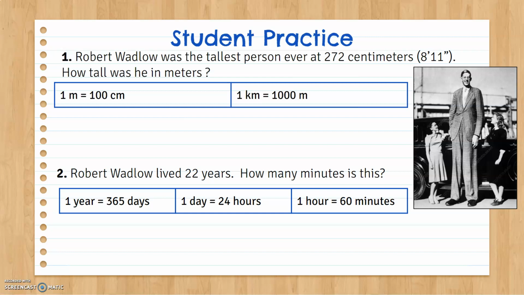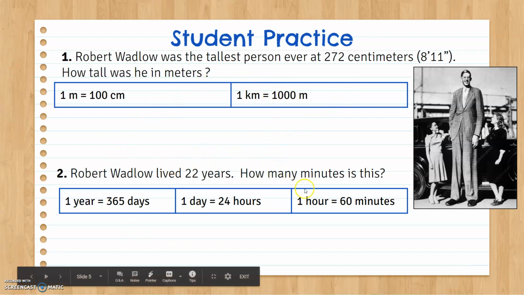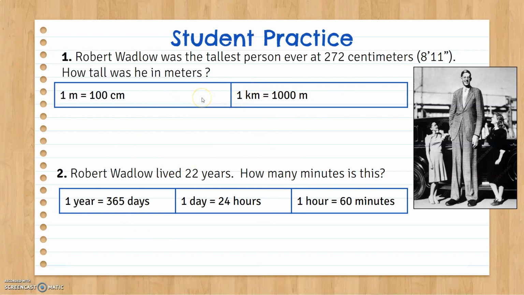One is a single step, one is multi-step. And so you've got the tallest person ever, and we're trying to figure out some different conversions there. So I've only got a couple minutes left on this one, so I'm going to pause this one here. You do the work, and then on the next video we'll come back and we will take a look at your answers.